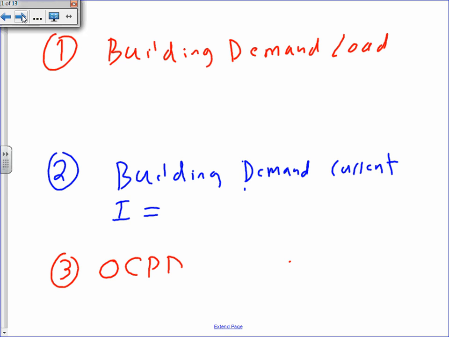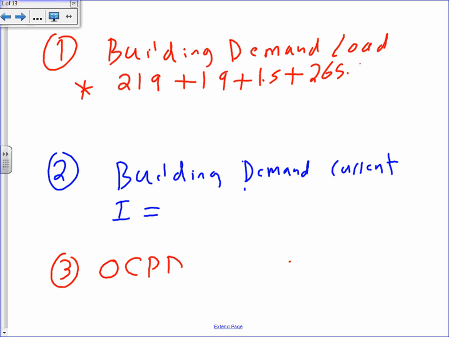I have 219, that was, I believe, for the lights, plus 19, plus 1.5, that's the sign. Plus, you add them up, plus 265.8. I need somebody to help me with them because plus 50 equals. Can somebody give me the answer for this?